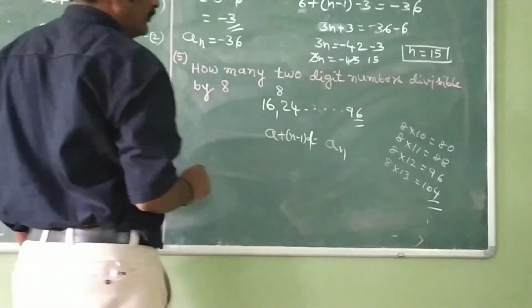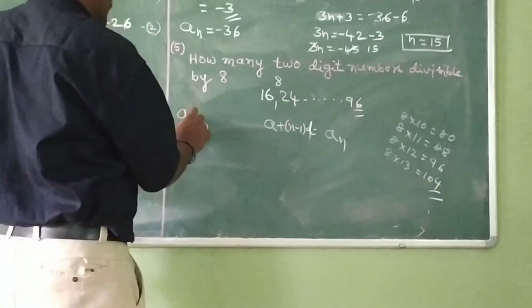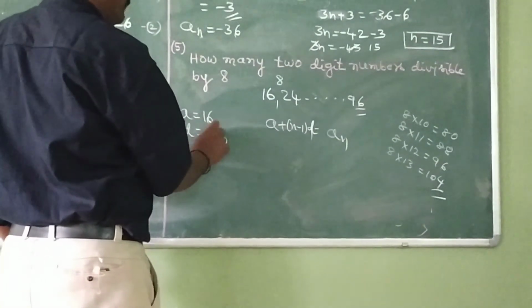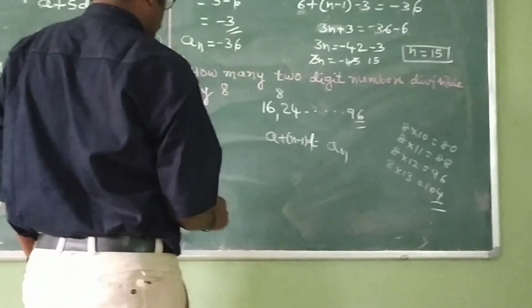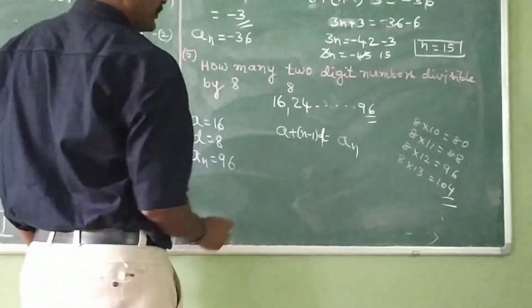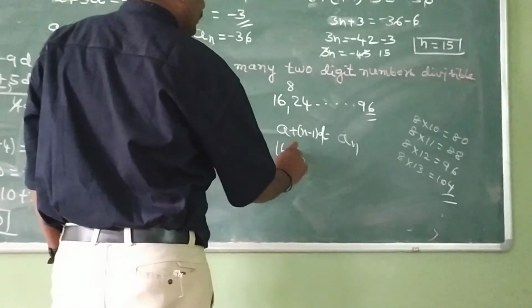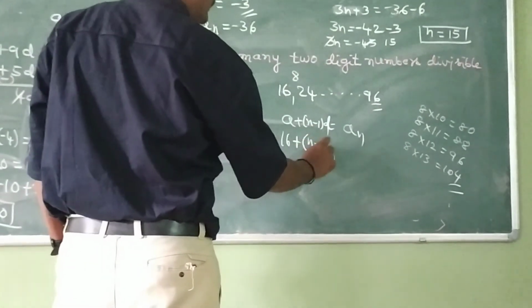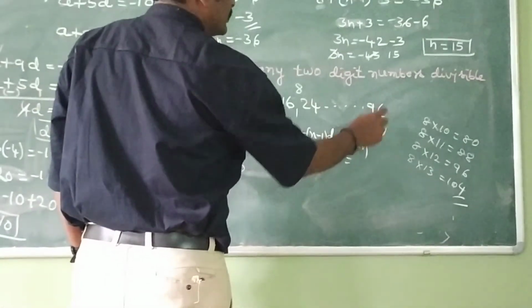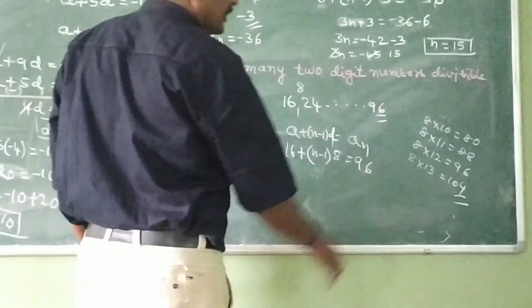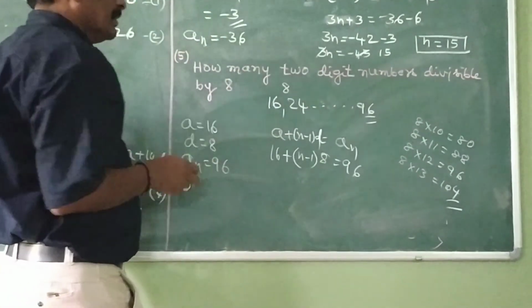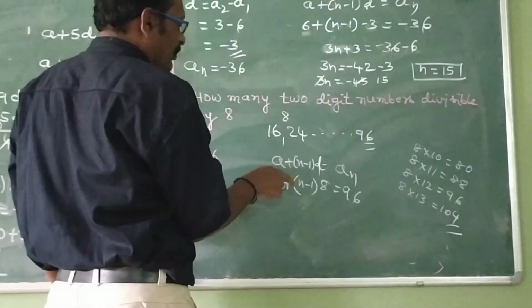Now, the first term a is 16, the common difference is 8, and the last term is 96. So substitute these values: a is 16, n you don't know, the common difference is 8, and the last number is 96. Which term is 96? I have to find it. We have already done this type of problem.